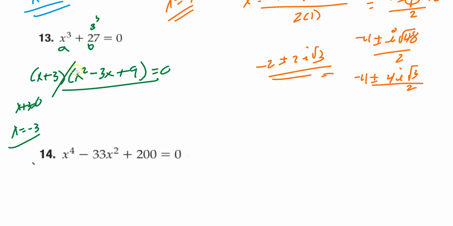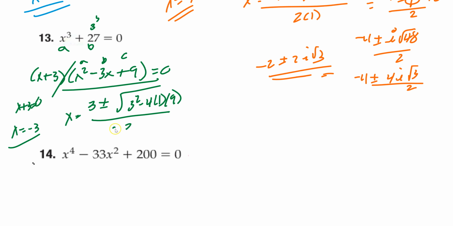This part, either the quadratic formula or complete the square. And this one right here would be the quadratic formula, because completing the square is ugly on this one, since the middle term is not even. And you get 3 squared minus 4 times 1 times 9, all over 2a, so 2 times 1, my mistake. You get 3 plus or minus the square root of 9 minus 36. 9 minus 36 is what, negative 27?